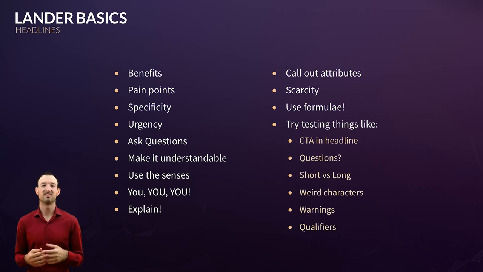Then try testing things like using a call to action in the headline, either clickable or not, asking questions in the headline rather than making a statement, using short headlines rather than long headlines, using weird characters like emoji, using warnings, or using qualifiers.